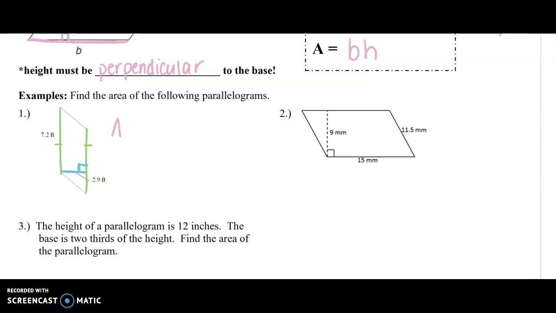So to find the area, I'm going to do my base, which is 7.2 times my height, which is 2.9. And that's going to give me an area of 20.88 feet squared.